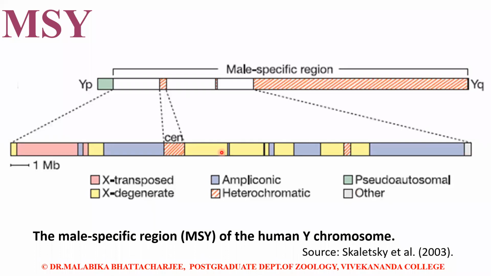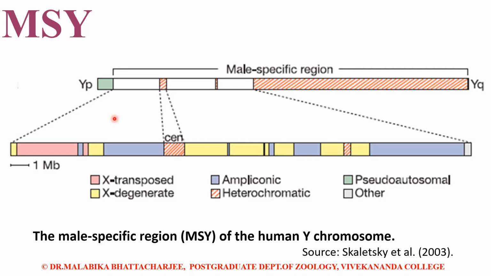Now as I said, the MSY consists of 23 million base pairs and can be divided into three regions as shown in the picture. The first is the X transposed region. Concentrate on the peach color. So this is the X transposed region. It comprises about 15% of the MSY and was originally derived from the X chromosome in the course of human evolution around 3 to 4 million years ago.